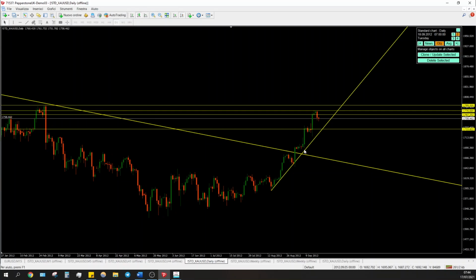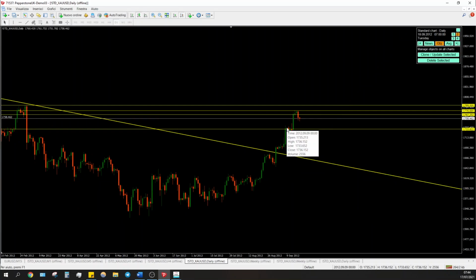So that's the definition of uptrend. And so we're now in a phase of correction. As long as price doesn't break below these previous highs, we cannot say that price is in a bearish trend yet.